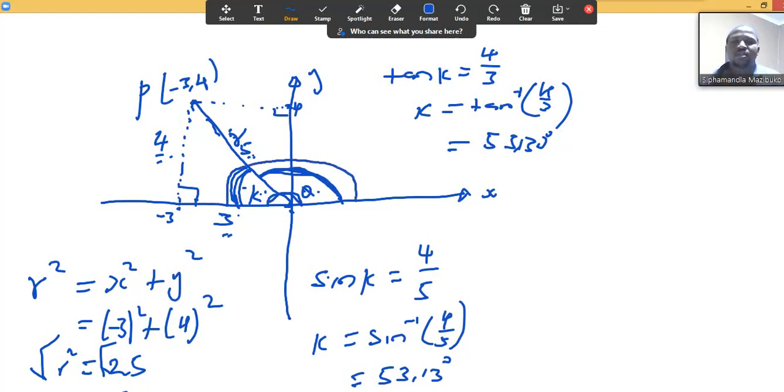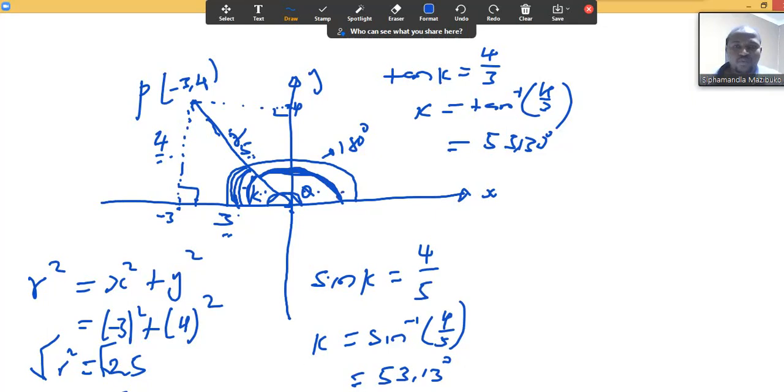But we got a small portion here which is k. So if we subtract this k, we should find this angle here, which is what we're looking for, right?